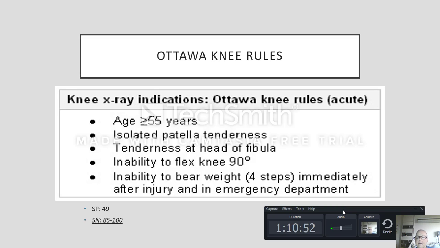Tenderness at the head of the fibula. Inability to flex the knee 90 degrees. Inability to bear weight 4 steps immediately after injury or in the emergency department. And it has a sensitivity of 85 to 100%. So that sensitivity rate is pretty high.